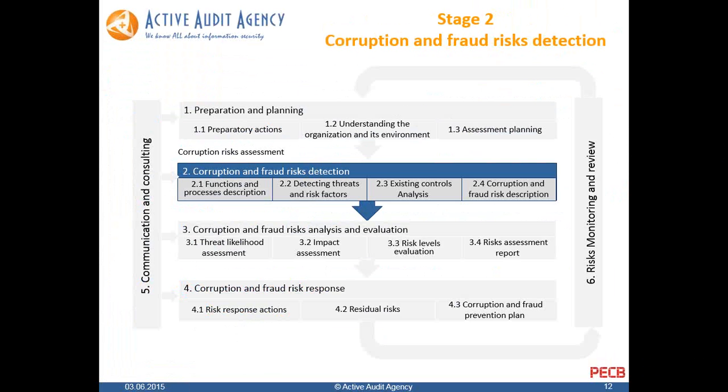So after that, we can go to stage 2, corruption and fraud risk detection, that includes functions and process description, detecting threats and risk factors, existing control analysis, corruption and fraud risk description.